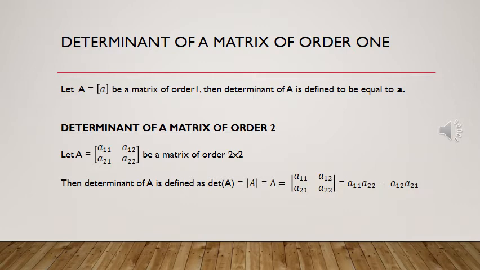So the determinant of a matrix of order 2 is the product of the elements along the principal diagonal minus the product of the elements of the other diagonal.